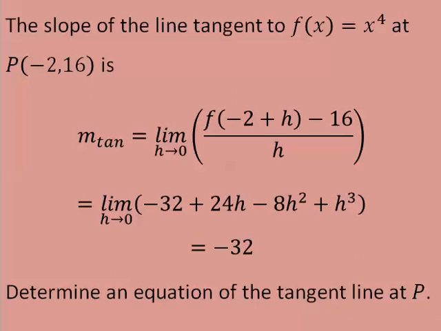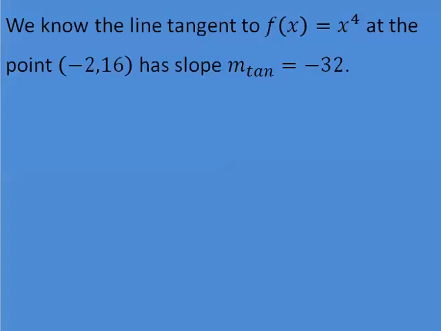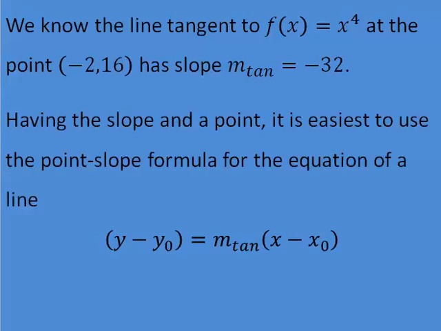And we're ready to find the equation of the tangent line. We know the line tangent to the graph at the point (-2, 16) has slope -32. Having the slope and a point, it is easiest to use the point slope formula for the equation of a line. So I go ahead and do that.